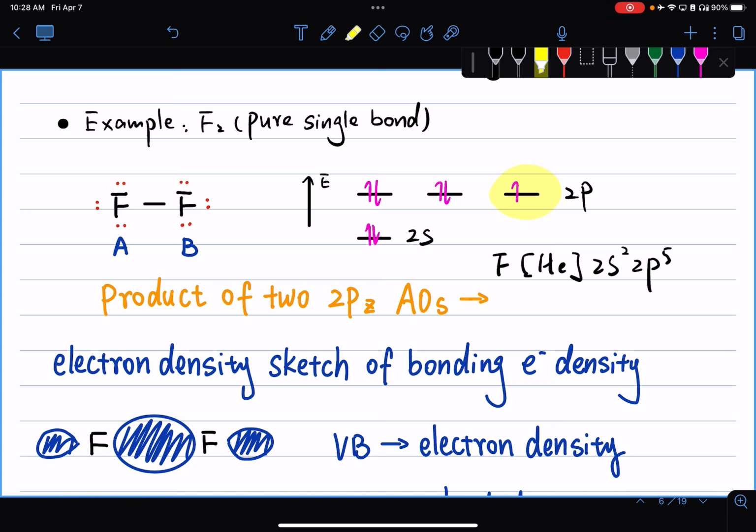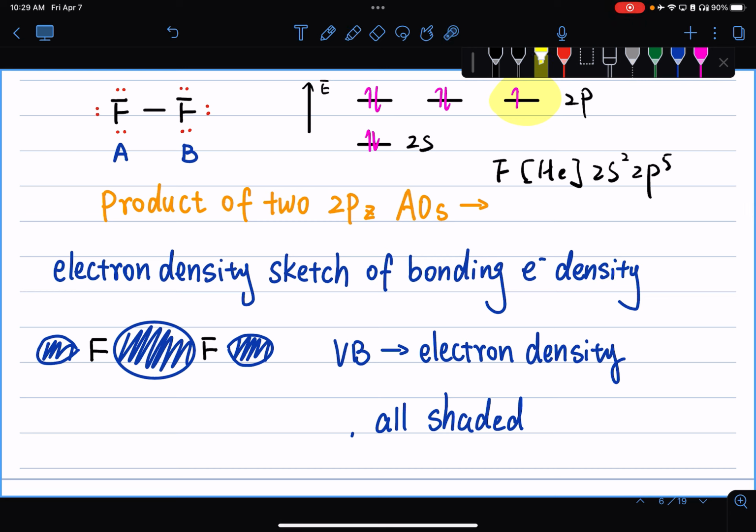Conventionally, we use 2pz to make sigma bonds when we're talking about organic molecules. And we can sketch out the electron density of these new chemical bonds that are formed by 2pz atomic orbitals.